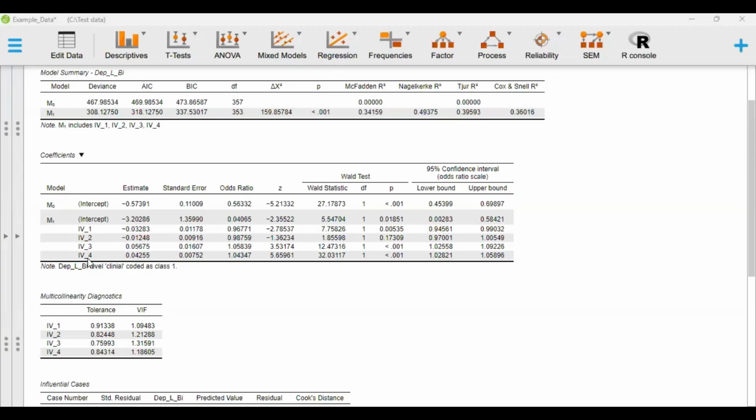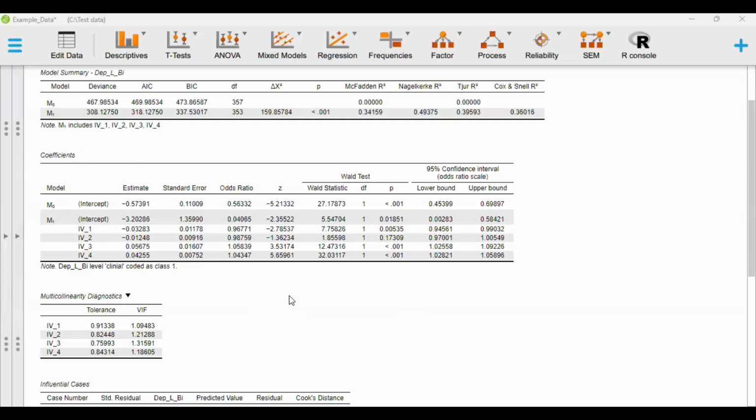That means that if I have 1 level of increase in IV4, the odds of clinical levels of depression can be increased by 4.3%. It's still a very limited percent, less than 5% increase in the odds of clinical depression, but it is still a significant level.